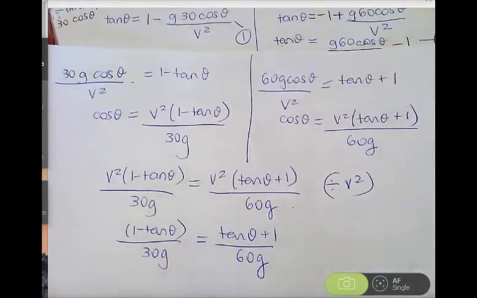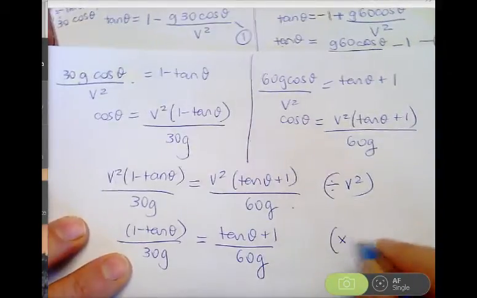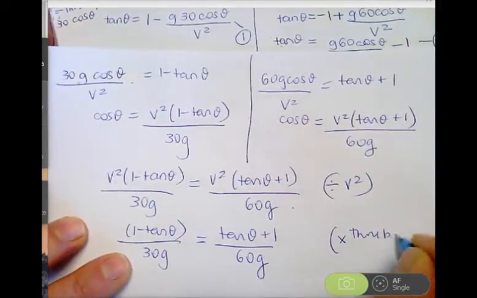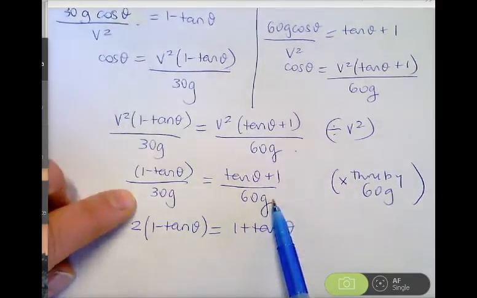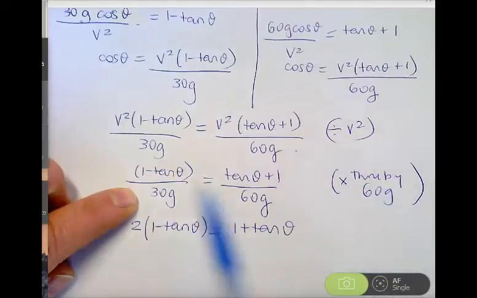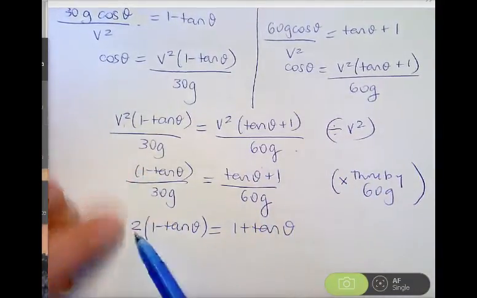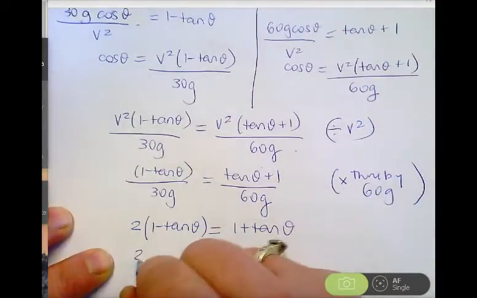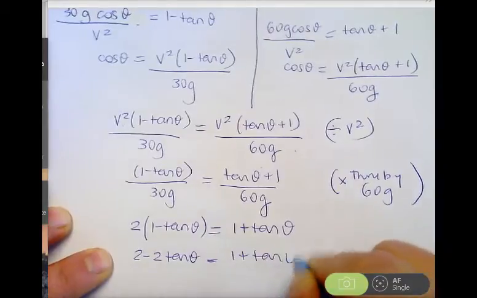Now what are we going to do? Multiply both through by 60g. We want to get rid of these denominators. If we multiply through by 60g, you lose the denominator on the right, you end up with a 2 on the left. Let's expand. 2 minus 2 tan theta equals 1 plus tan theta.